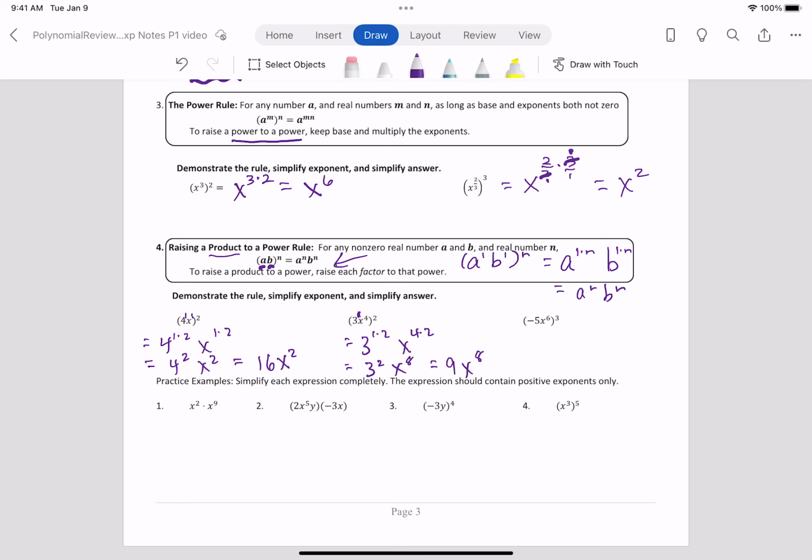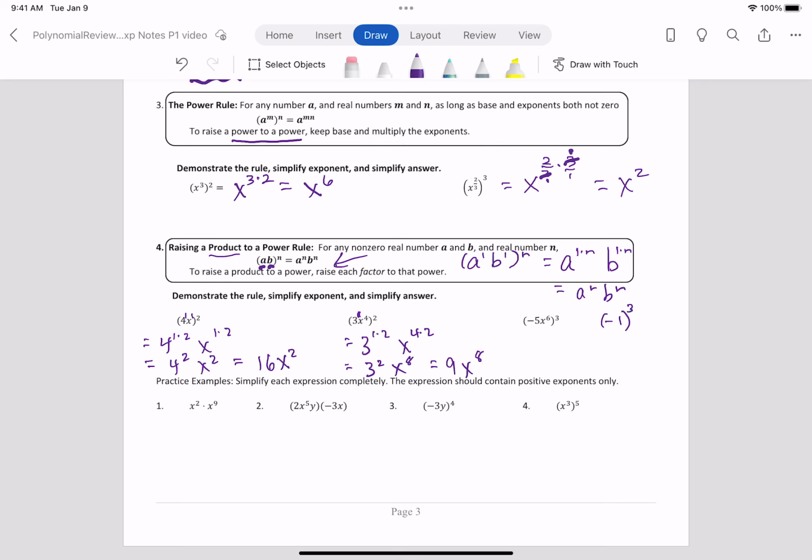Now the next one does have something in it that we'll need to discuss, but this shouldn't come up very often for us here. I have a negative inside this time. What I usually do when that happens is just think about it up front. A negative sign is really the same thing as a negative 1.